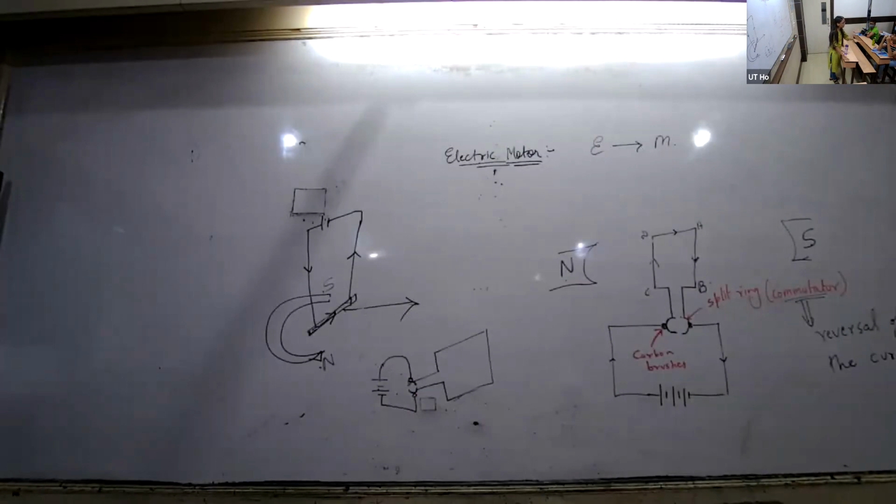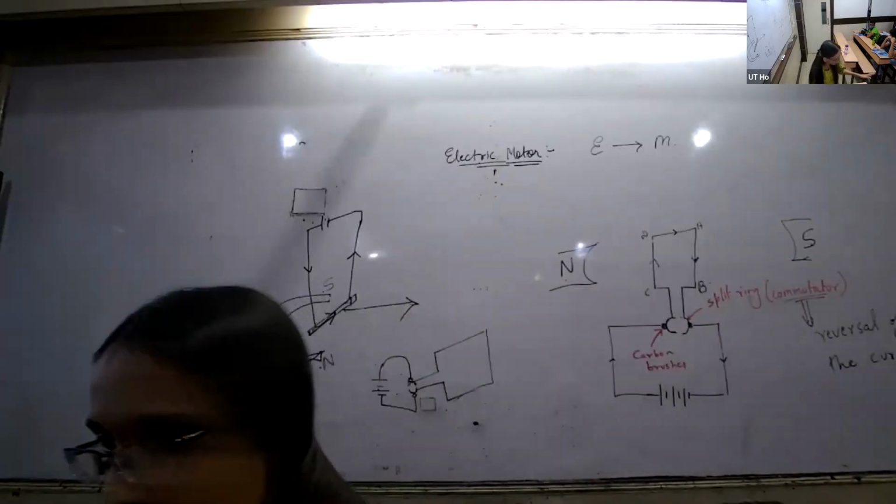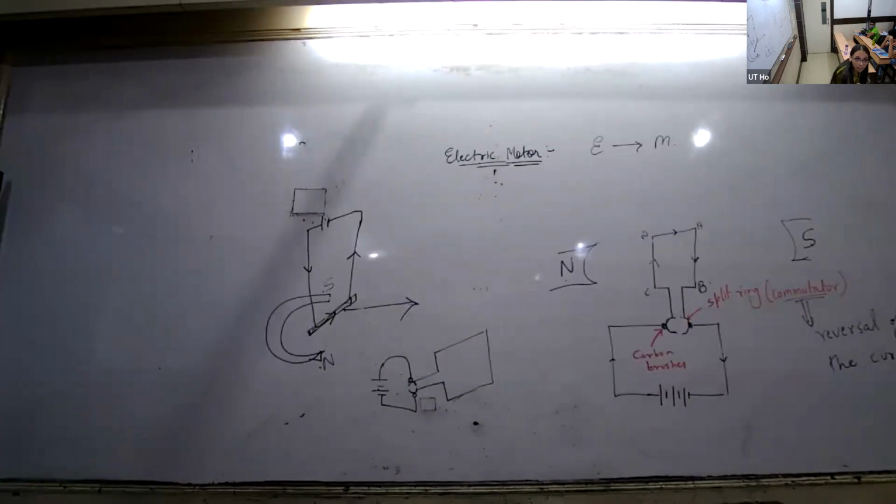Light chapter. If refractive index is more, speed of light will be less. I have not checked that paper itself, so I will check. Don't worry.